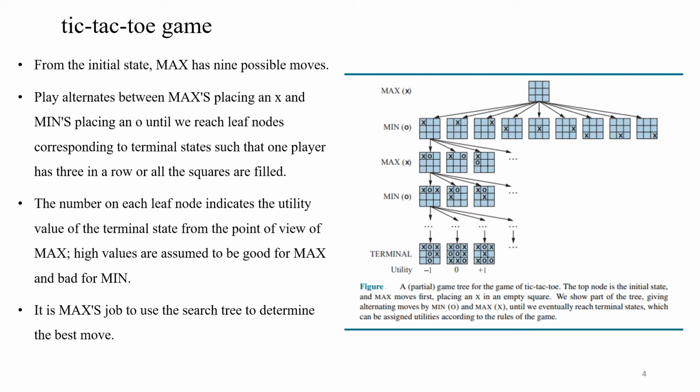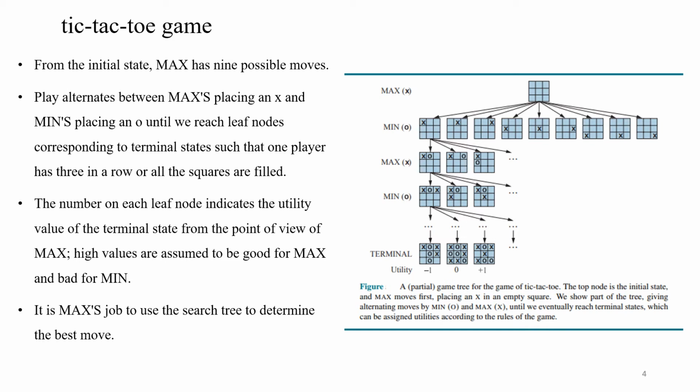From the initial state, max has 9 possible moves. Play alternates between max and min. Max will put X and min will put O until we reach the leaf nodes corresponding to the terminal states, such that one player has 3 in a row or all the squares are filled.